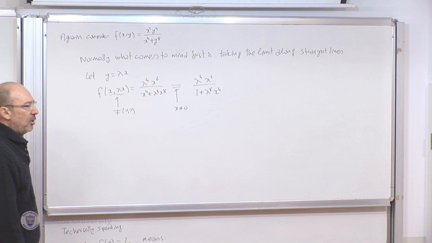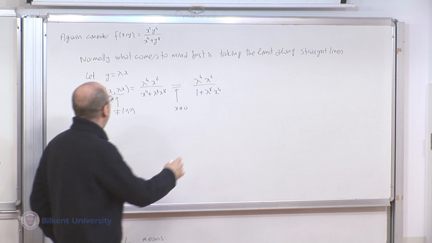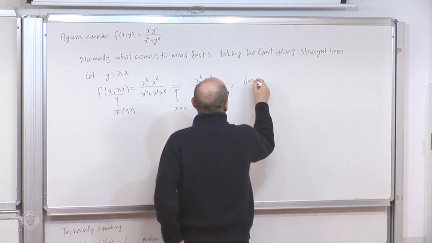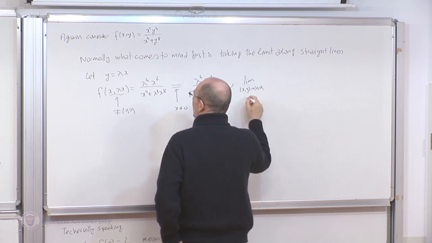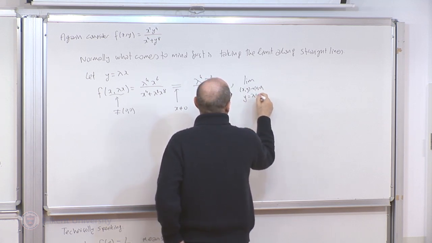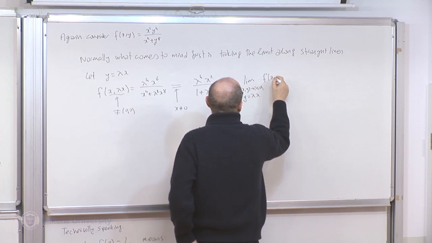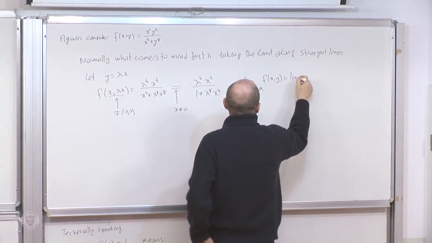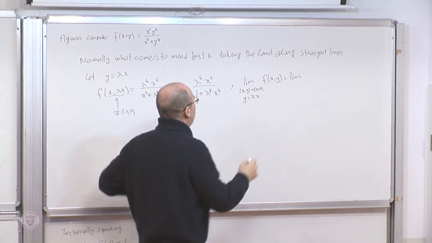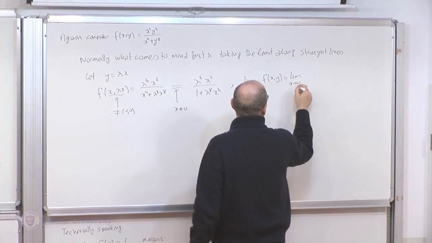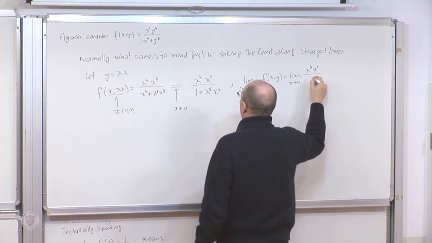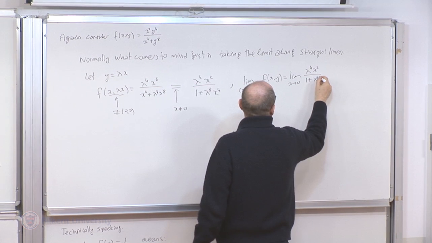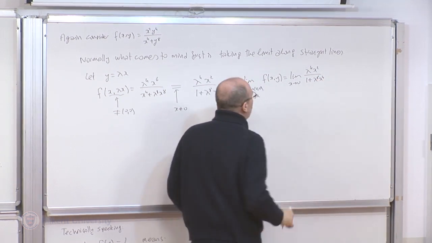Okay, so now I take the limit as x goes to 0. The limit is 0. Okay, so the limit as (x, y) goes to (0, 0), but restricted to the path y equals lambda x, of f(x, y) is equal to the limit as x goes to 0 of lambda to the 4 x squared over 1 plus lambda to the 8 x to the 4.